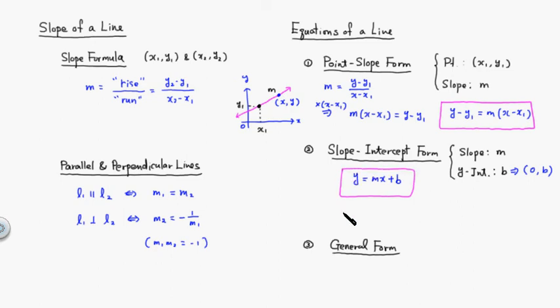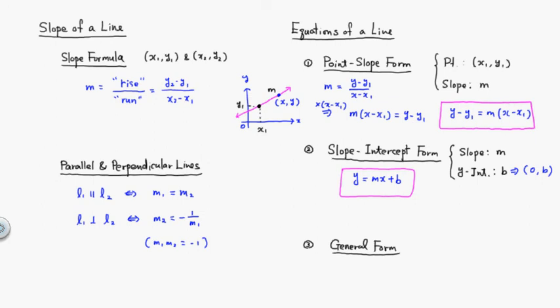Then there's a major issue with the first two forms, because they depend on having a slope. But there's a kind of line which has an undefined slope: vertical lines. So vertical lines cannot be written in the first two forms, and we have to come up with a more general one.